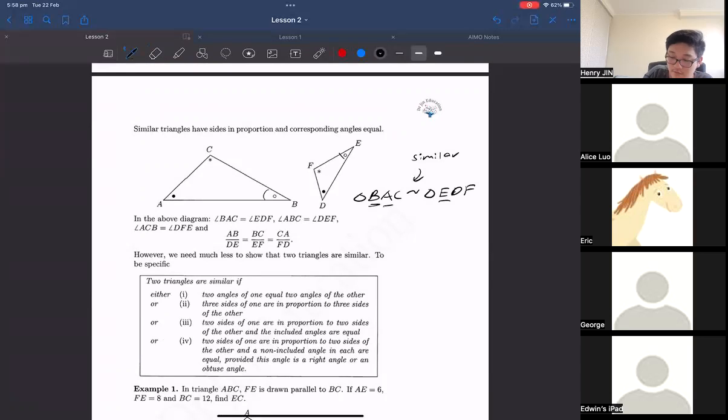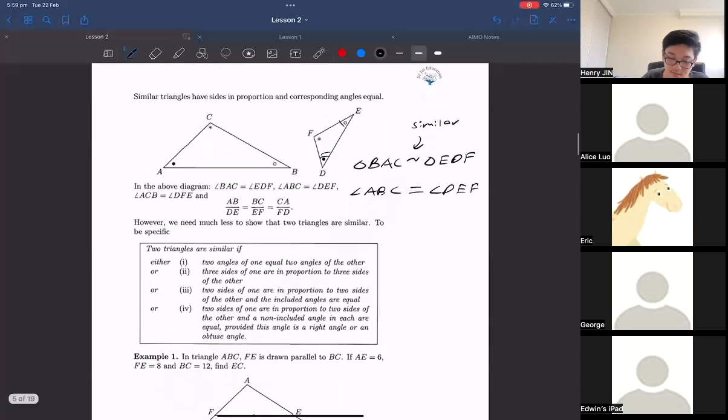A corresponds with D because they have the same angle here. This is just convention. And when we write angles are equal, we always follow the same order. So if I say ABC, this is position 2, position 1, position 3. You say they're equal to position 2, position 1, position 3. Always follow the order, never confuse it.